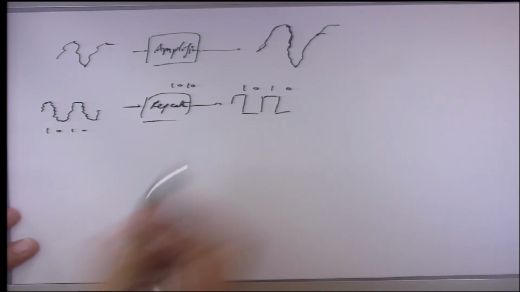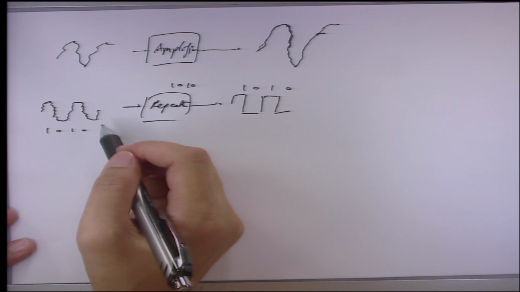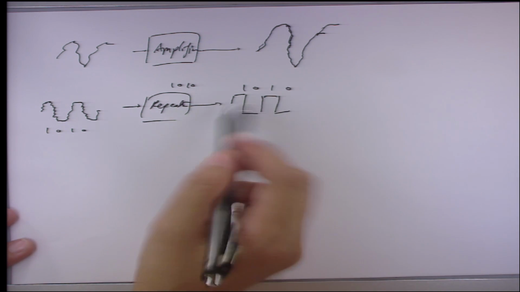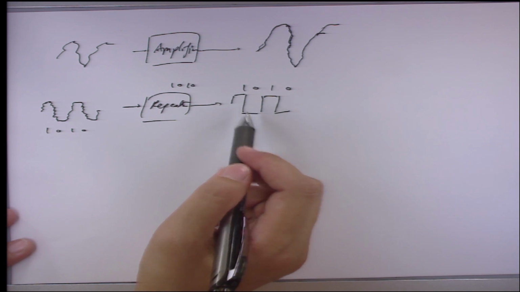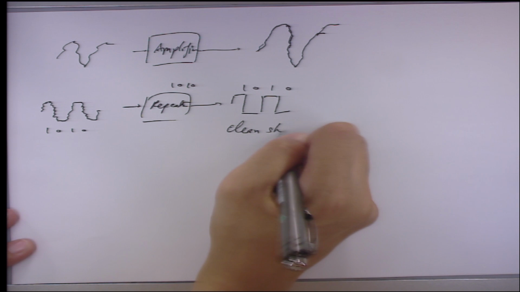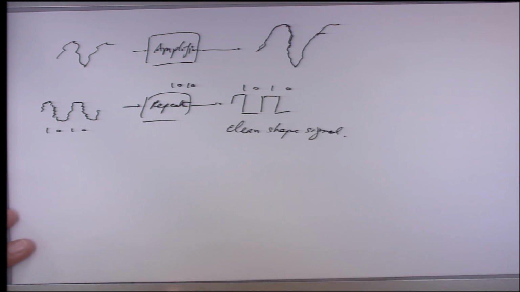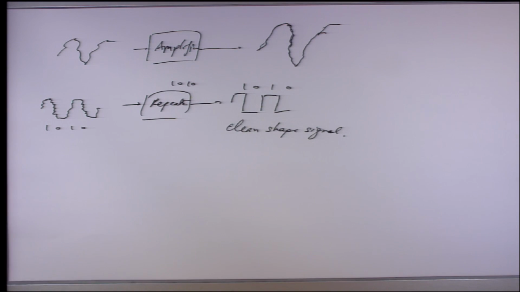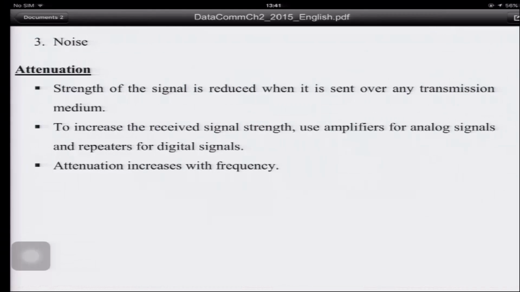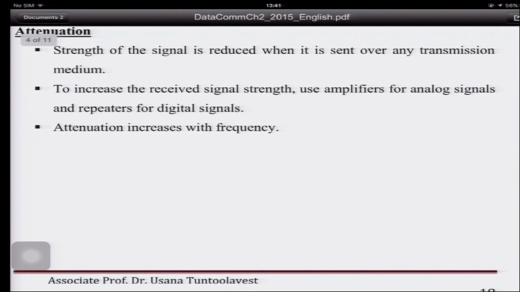So the repeater will make a decision on what the bit sequence should be for this signal waveform, and then it will reconstruct the signal. It's a clean shape signal. But this one is just the same shape with higher amplitude.